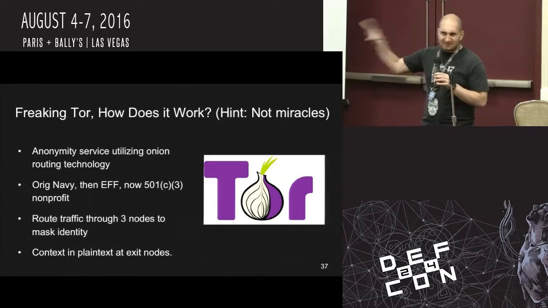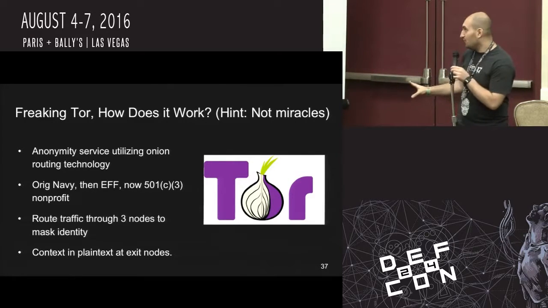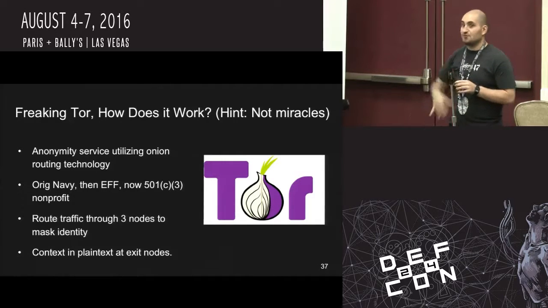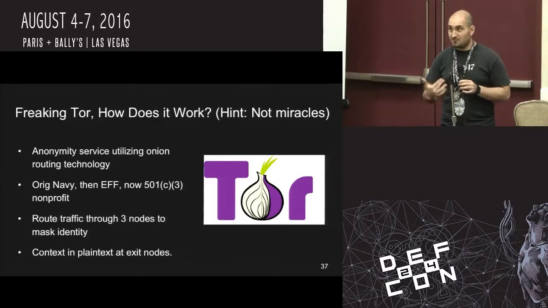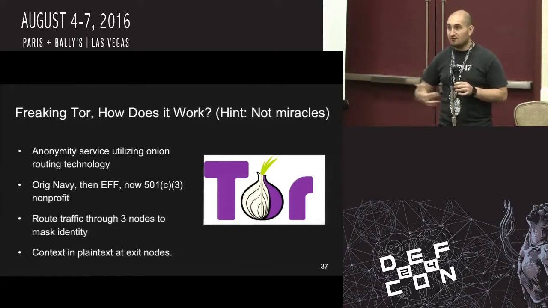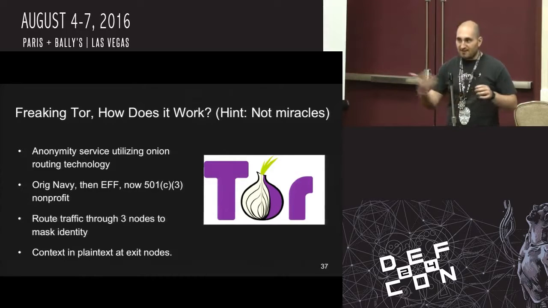So just to give a really quick overview, just in case not everybody in the room is familiar with Tor, it's basically this anonymity service that uses onion routing technology. It was originally developed by the Navy. The Navy realized if you have an anonymity network that is only used by people in the Navy, then even if I don't know which particular person in the Navy is using Tor, we know someone in the Navy is visiting my website, and that might be problematic. So they decided to expand the pool.